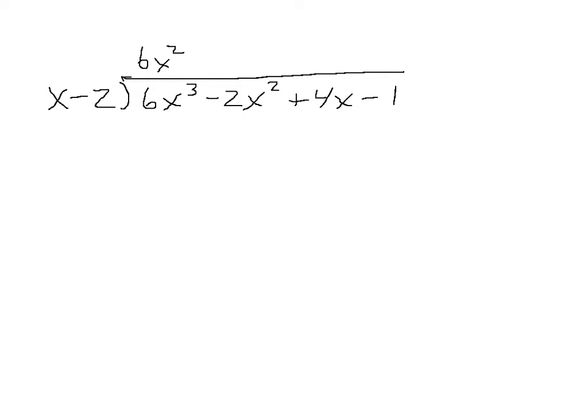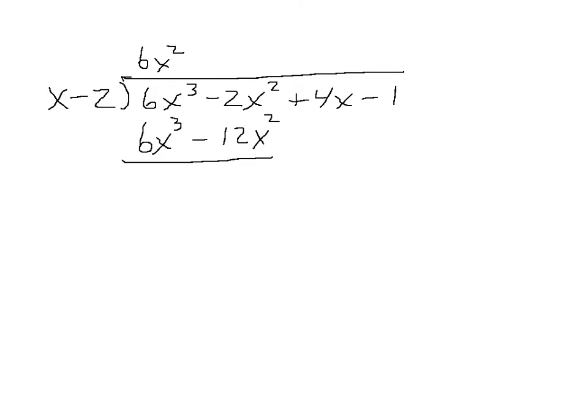6x squared. And then, just like with long division, we multiply. So 6x squared times x gives us the 6x cubed. And then we have 6x squared times minus 2, and that gives us minus 12x squared.